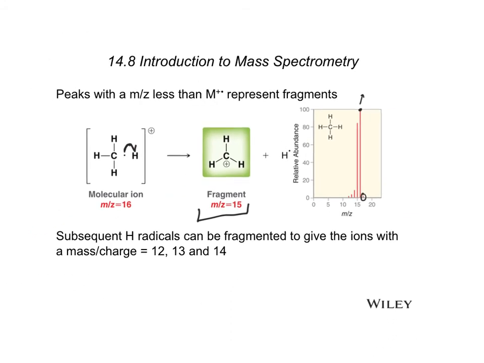Anything below our molecular ion is usually fragmentation, just pieces. We've lost a hydrogen, we've lost whatever. There is one thing to note, though, and it's the peak above, which has a mass to charge ratio of 17 for this molecule. Where is this going to come from? It's okay, it's not obvious, and we'll talk about it in a second.